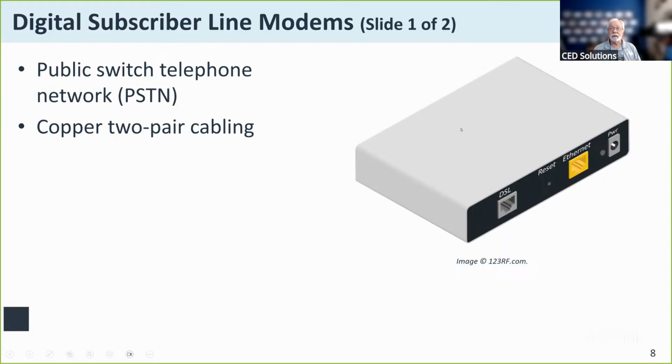The very first digital connectivity to the internet was accomplished by these modems called DSL modems, digital subscriber line modems. That was when the majority of people were connecting to the internet over what the old telco guys used to call POTS lines, plain old telephone service, the public switched telephone network.